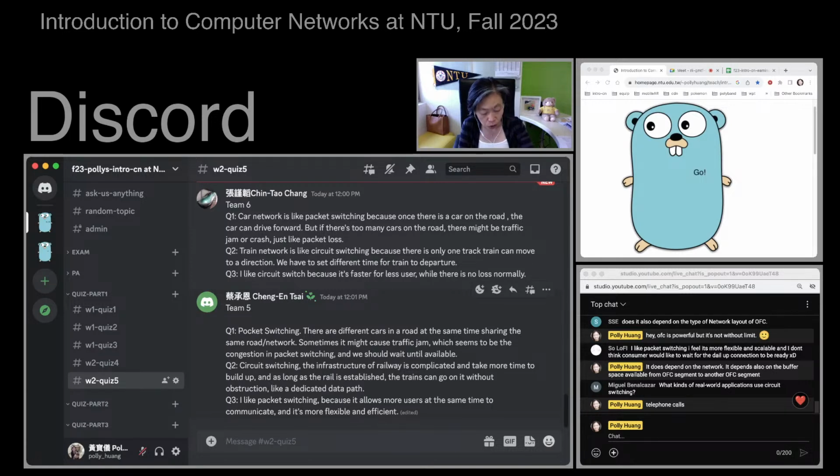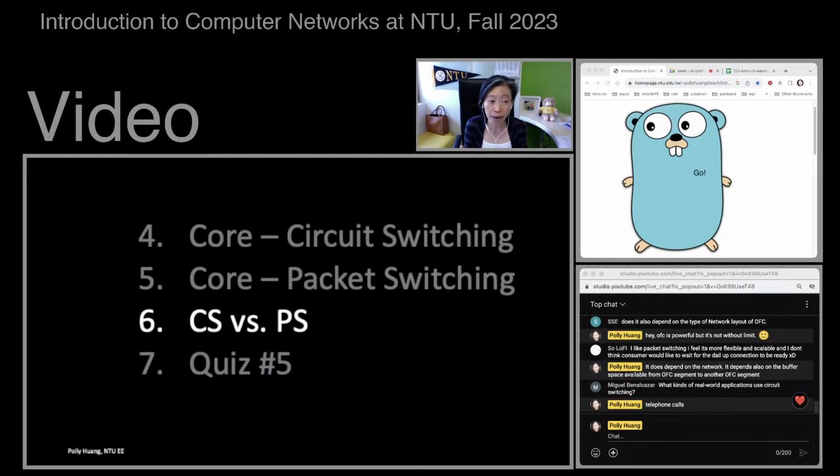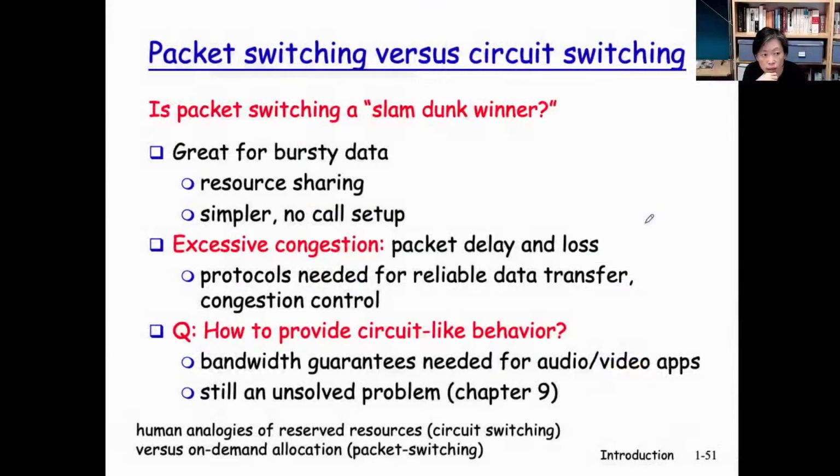So what we will do now is summarize circuit switching and packet switching, and none of these is a slam dunk solution. After the discussion trying to solve the quiz, what do you think? Packet switching versus circuit switching.